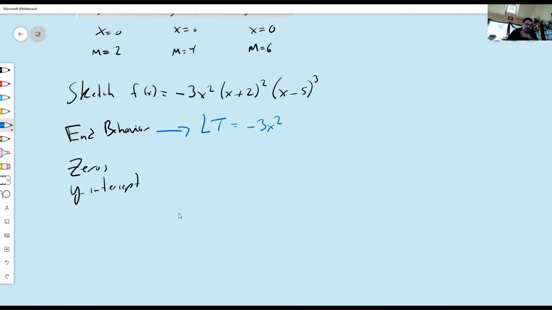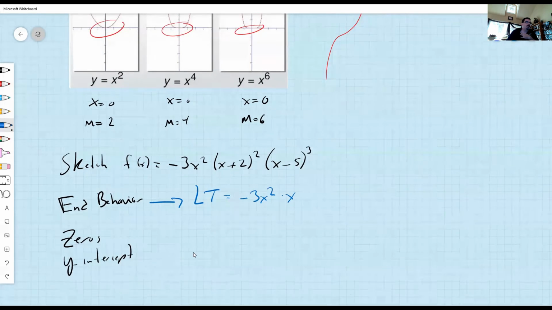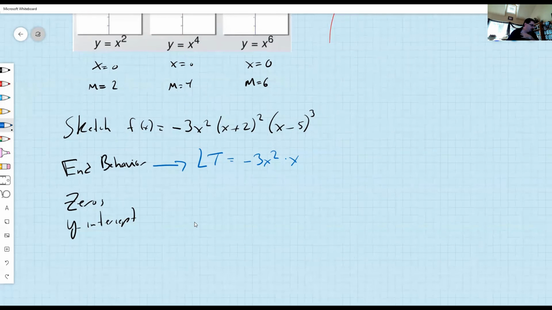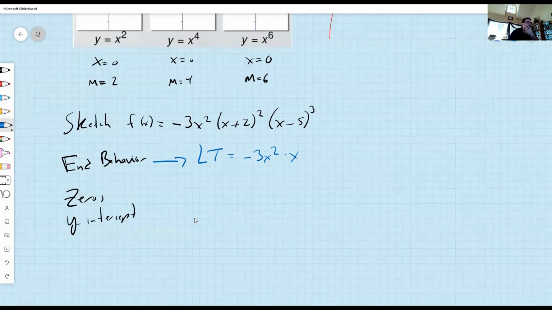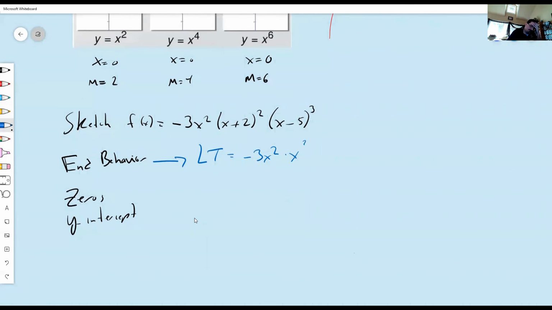The x plus 2 squared gives you an x squared. And the x minus 5 cubed gives you an x cubed.